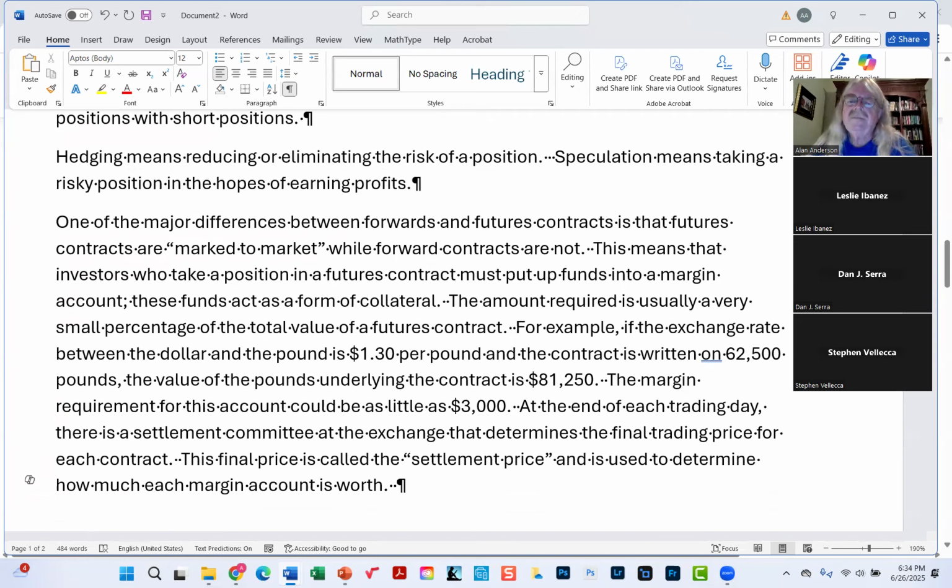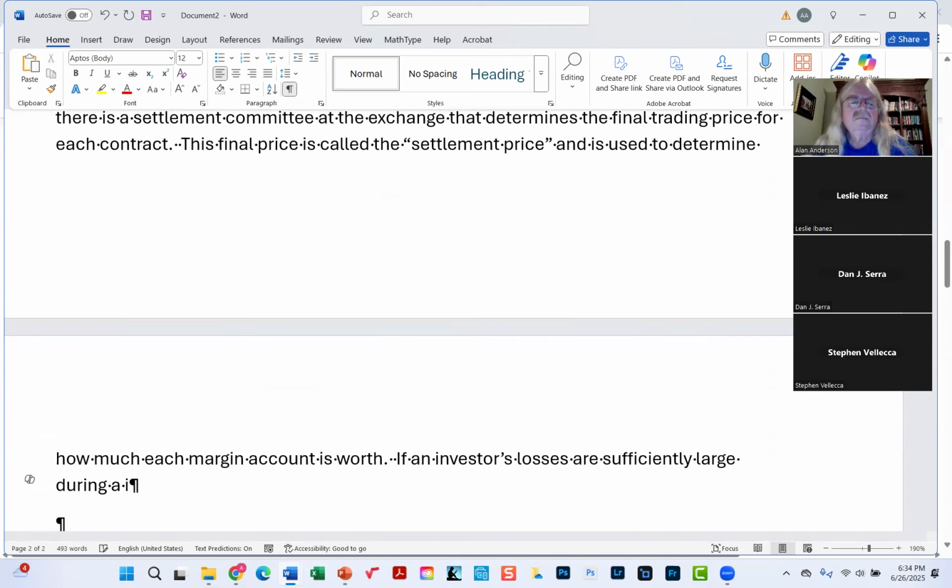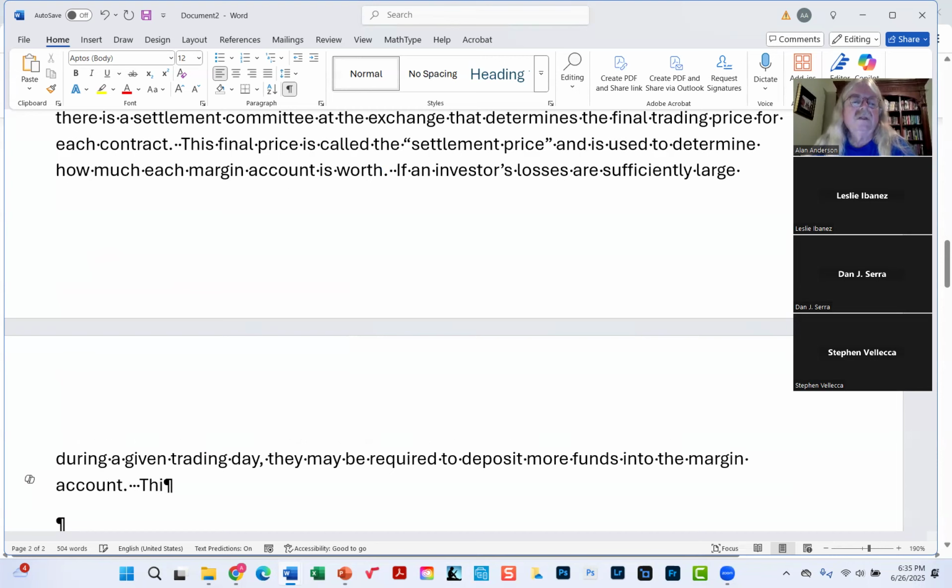But the point of it is that if an investor's losses are sufficiently large during a given trading day, they may be required to deposit more funds into the margin account. This is known as a margin call.